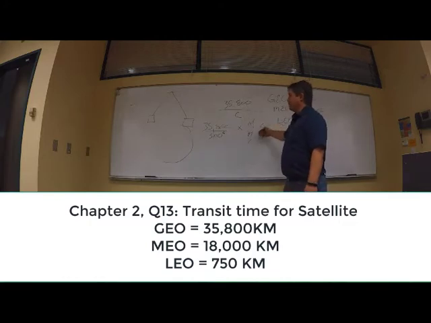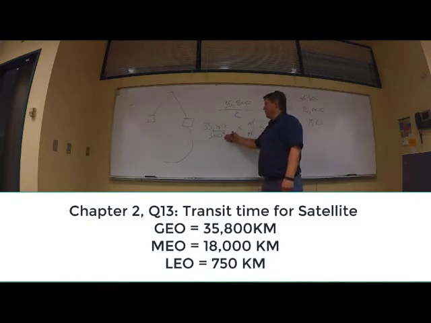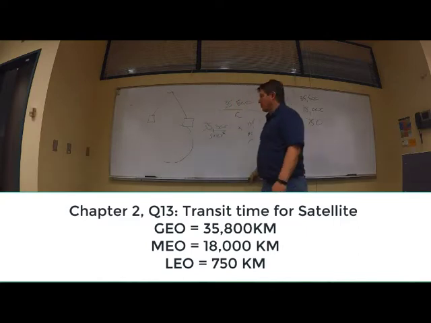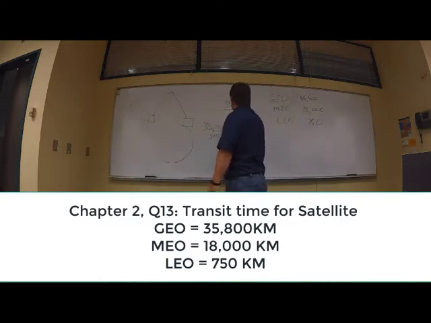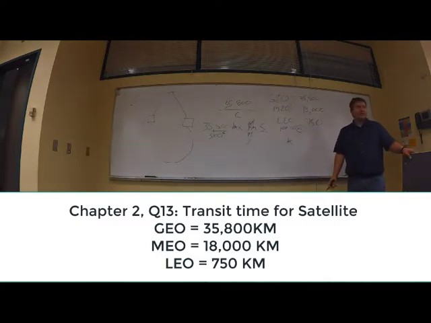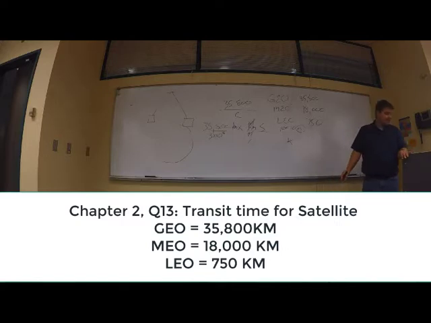We have 35,800 divided by the speed of light, but that's kilometers, so we do 1,000 meters per kilometer and cancel the kilometer out, leaving meters. Then you gotta multiply the whole thing by 2.